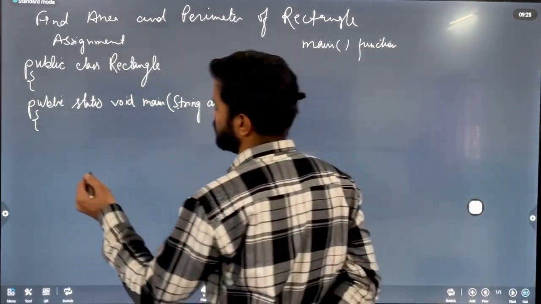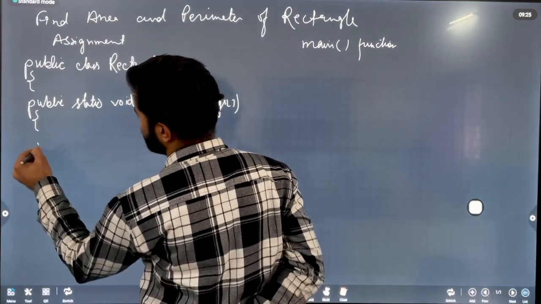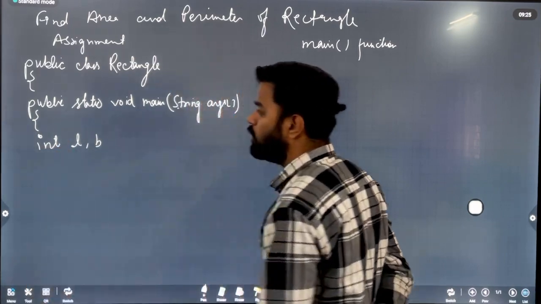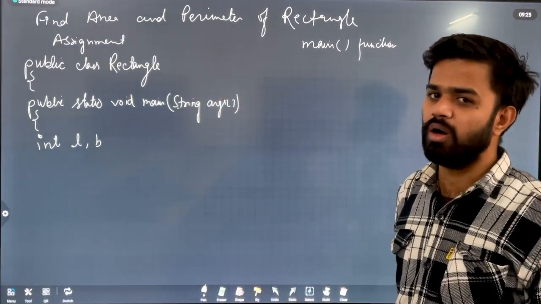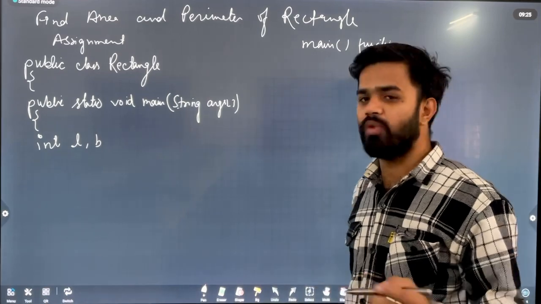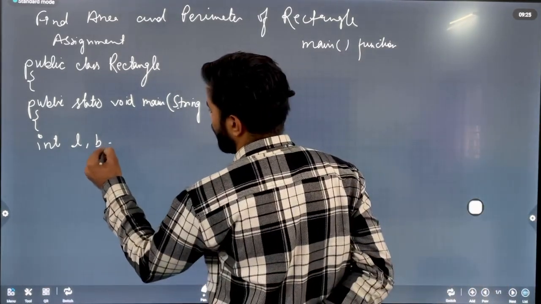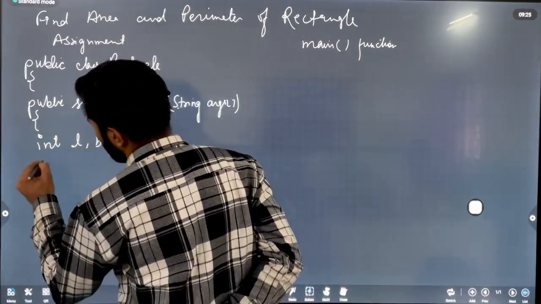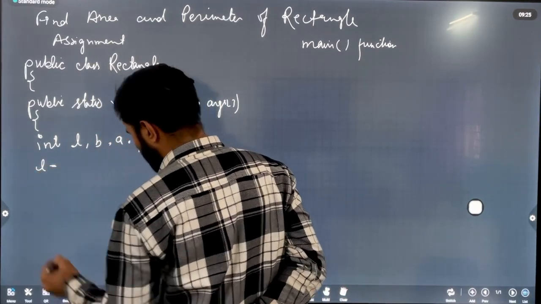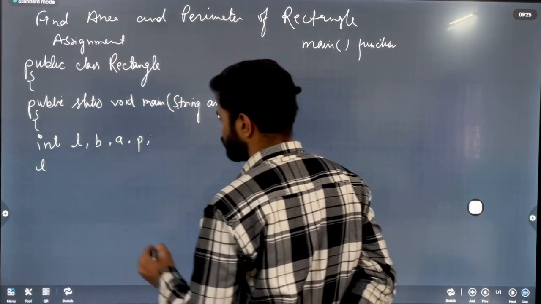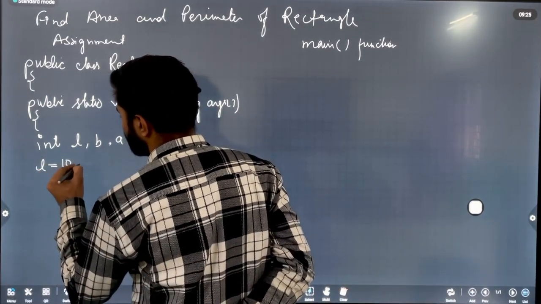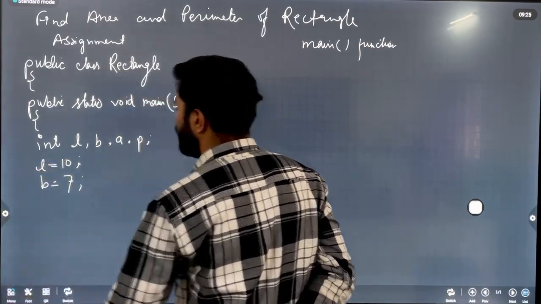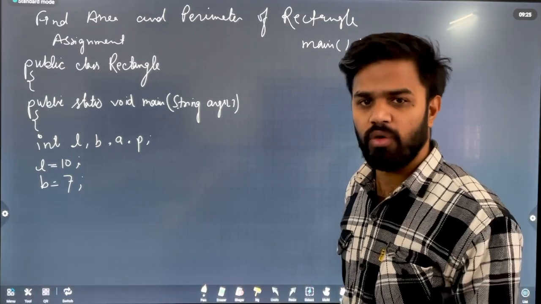So we will write int L, B to initialize the length and breadth of a rectangle, and then to find area and perimeter we will write A and P. Now L is equal to, suppose the length is 10, and then B is equal to 7.